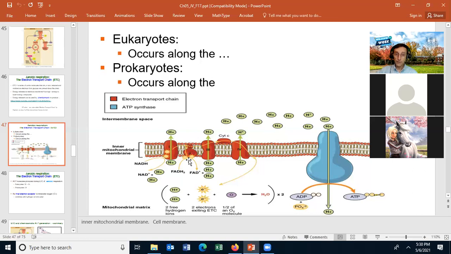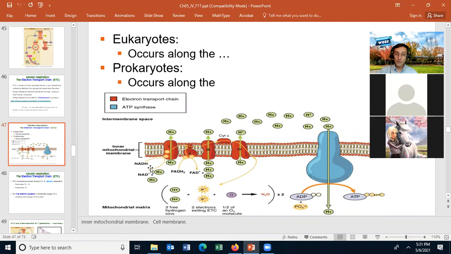And it's more efficient because some of the proteins in the membrane of the electron transport chain, when the electrons are moving through the protein, it gives the protein the energy it needs to pump hydrogen ions from this side of the membrane to that side of the membrane.